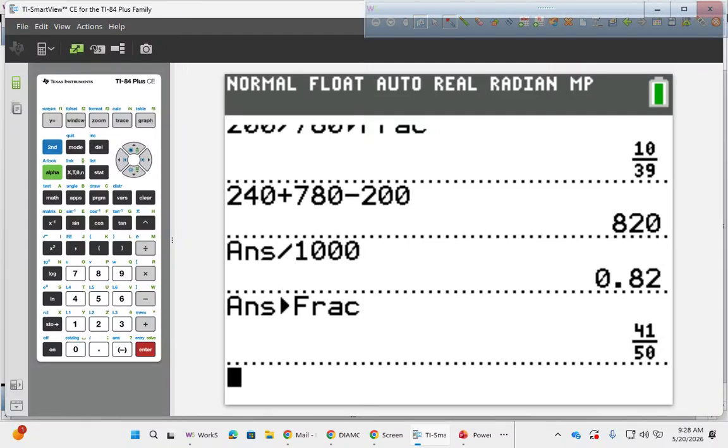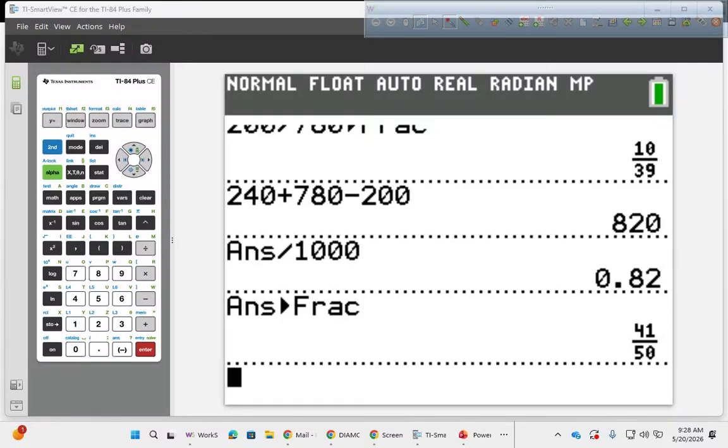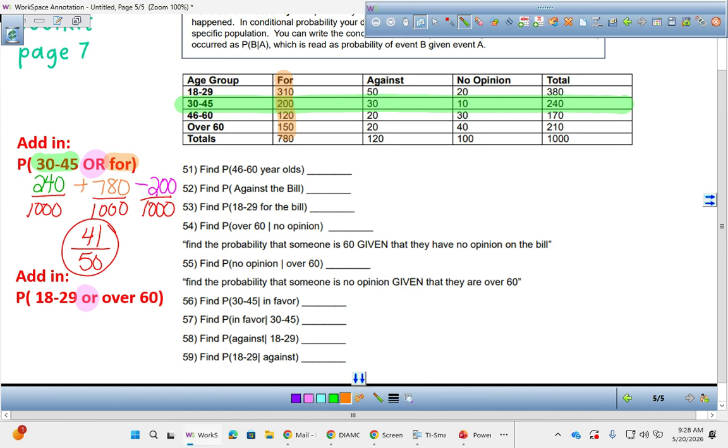Or you can just do it in pieces. So the answer to this one is 41 over 50. It's overlap because there are people who are in both categories at the same time.